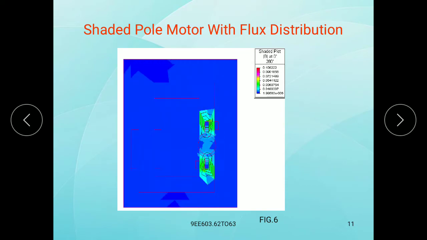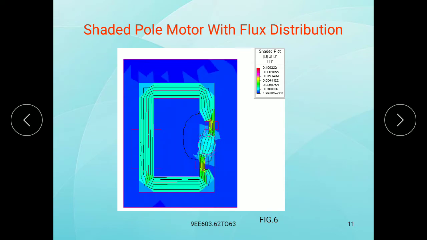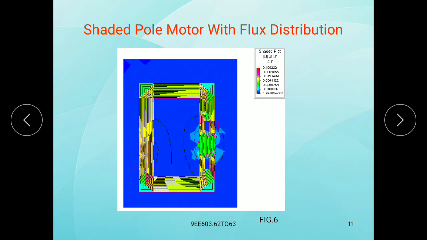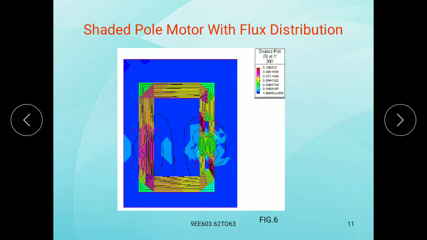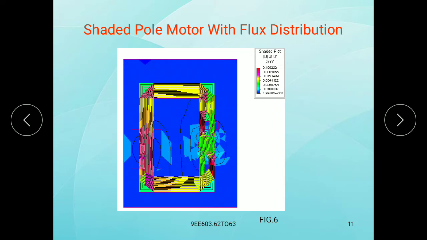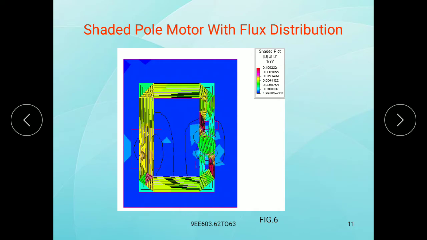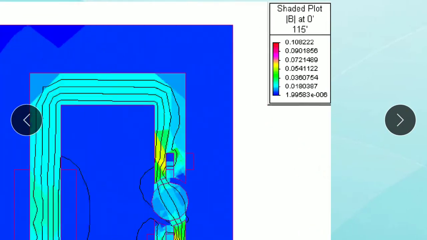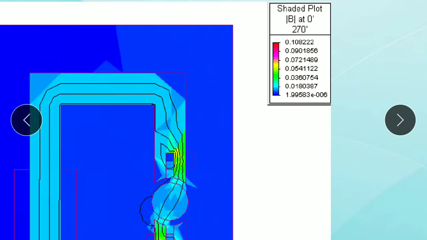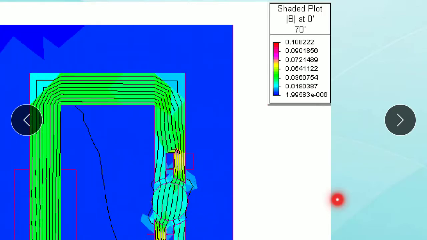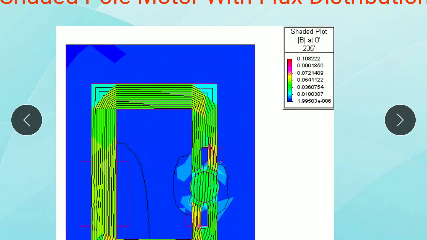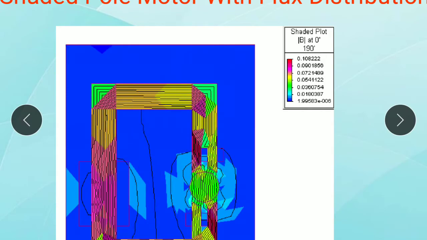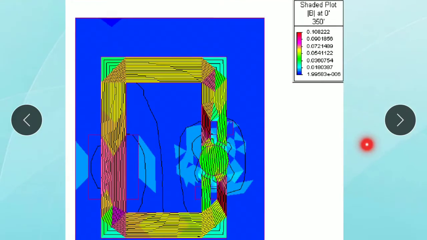See here the graphics of the shaded pole motor with flux distribution, how the flux is distributed. Observe this one.